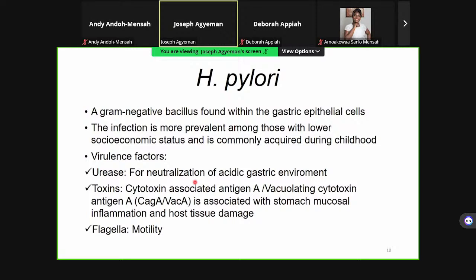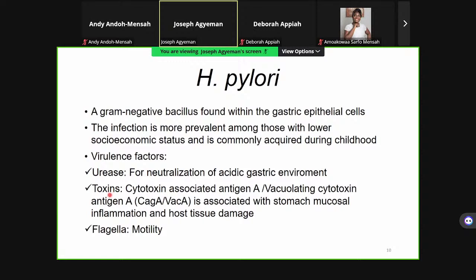So when it falls into the acidic region, it releases urease. Any urea that is there is broken down to carbon dioxide and ammonia. And ammonia will neutralize the acid within that region so that the acid will not kill it. When it survives, then it is ready to cause harm to us.